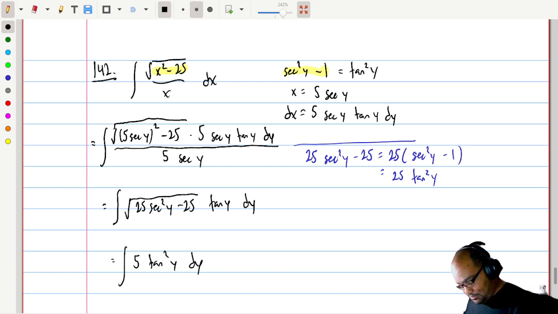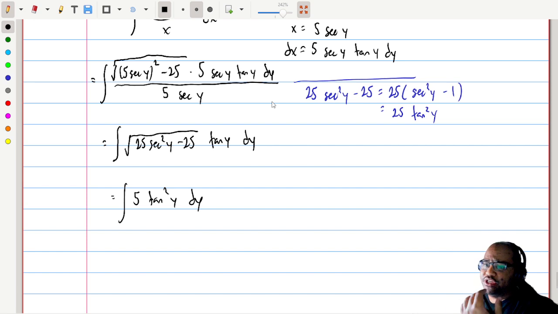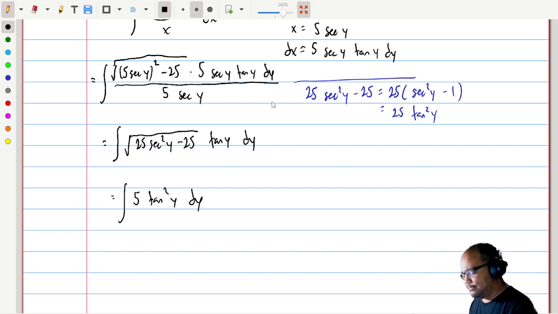Now the trick here is when you integrate just with tangents, you want secants.